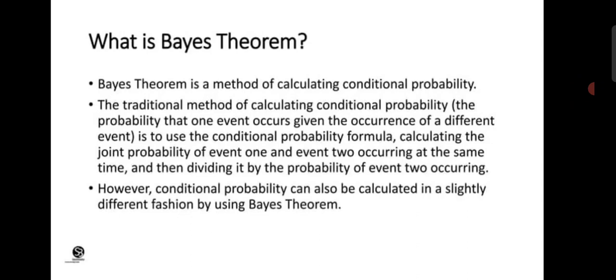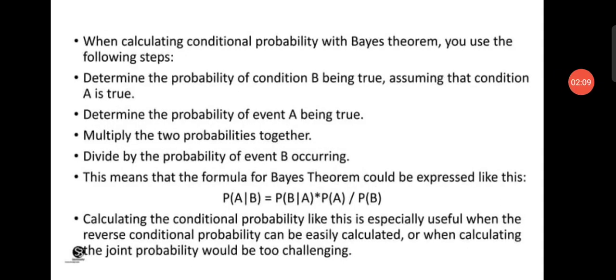However, conditional probability can be calculated in a slightly different fashion by using Bayes' theorem. When calculating conditional probability with Bayes' theorem, you will use the following steps: determine the probability of condition B being true, assuming that condition A is true.